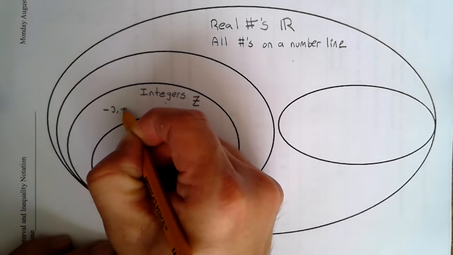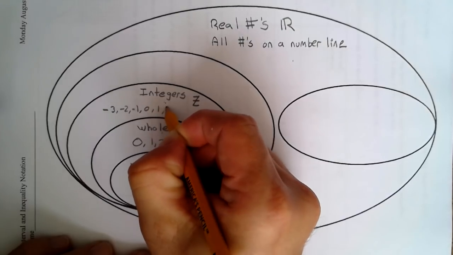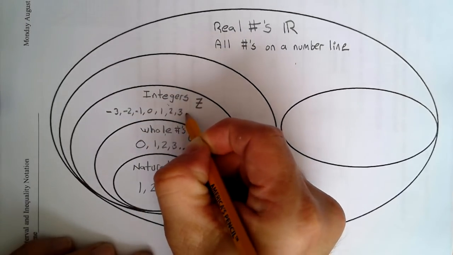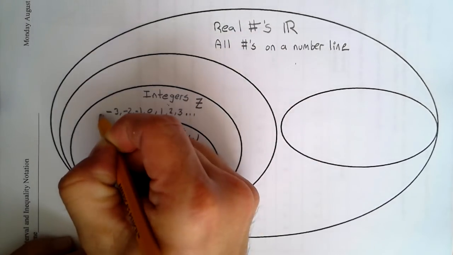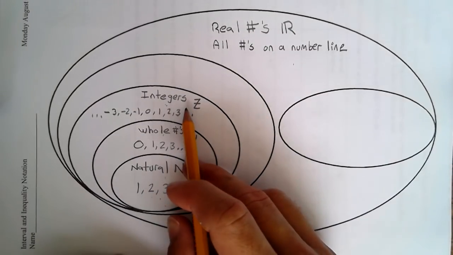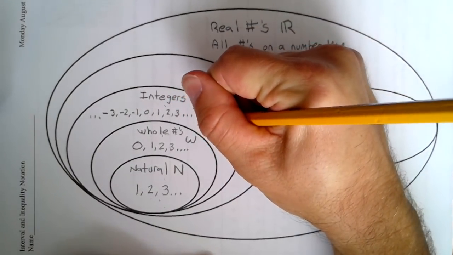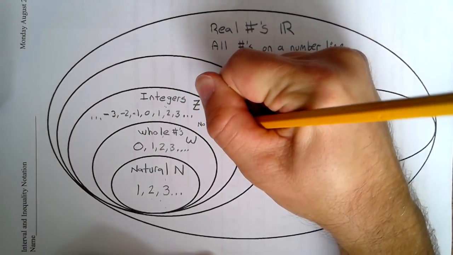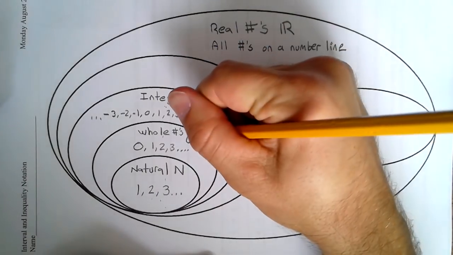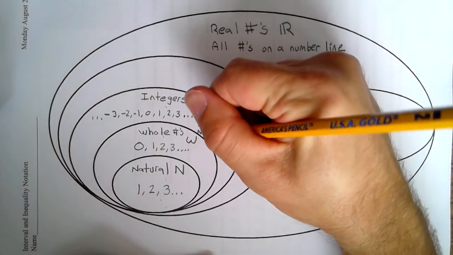So -3, -2, -1, 0, 1, 2, 3, and you could go on in both directions. Now, something important to note about integers is there are no fractions and no decimals.